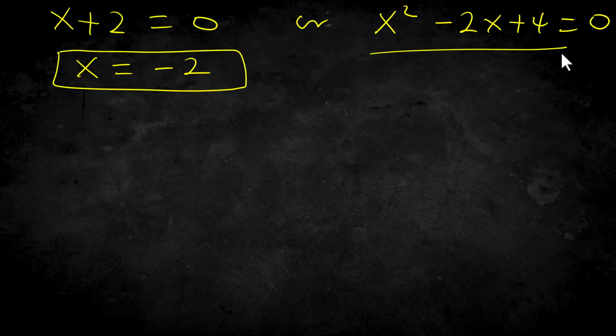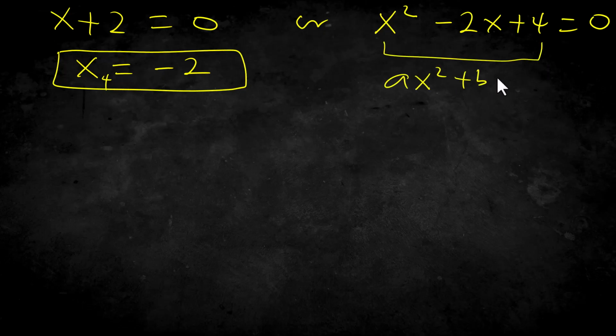And this side, x squared minus 2x plus 4. So let's look for the solution. This will be the fourth solution. Remember, we already have the first three solutions, so the fourth solution is minus 2. So let's look for the other solutions. Let's compare with ax squared plus bx plus c. a is 1, b is minus 2, c is 4.